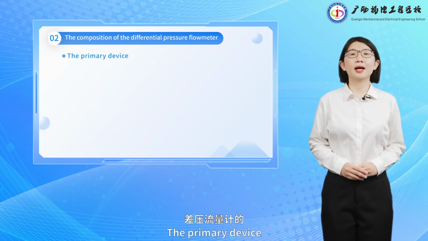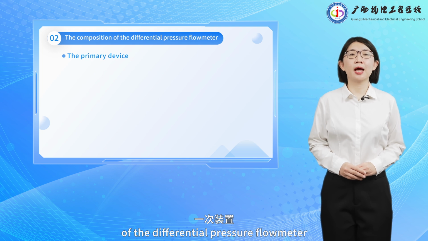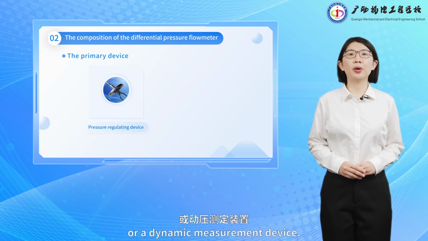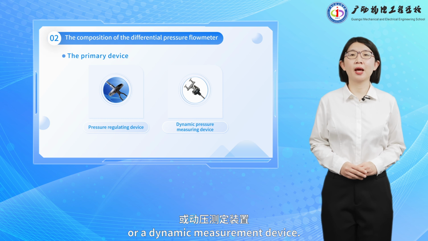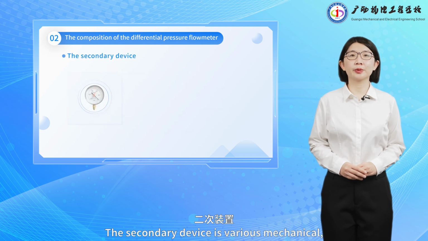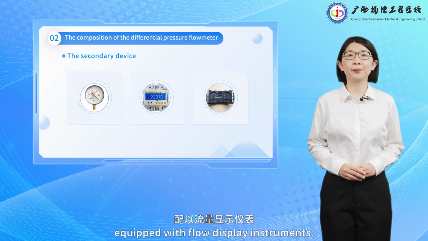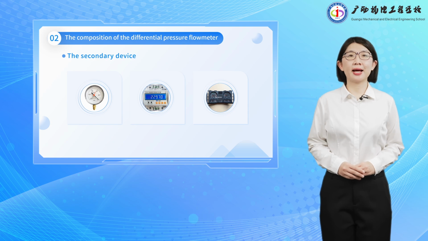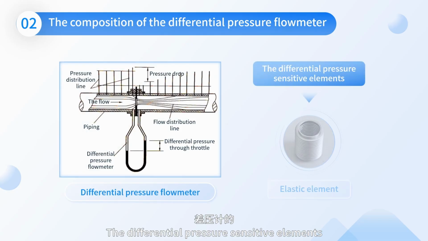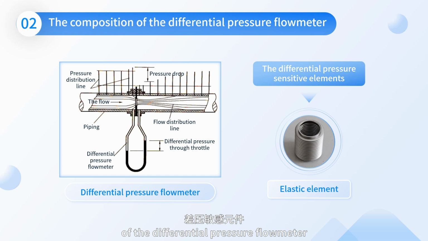The primary device of the differential pressure flowmeter is usually a throttling device or a dynamic measurement device. The secondary device is various mechanical, electronic, and combined differential pressure flow meters equipped with flow display instruments. The differential pressure sensitive elements of the differential pressure flowmeter are mostly elastic.